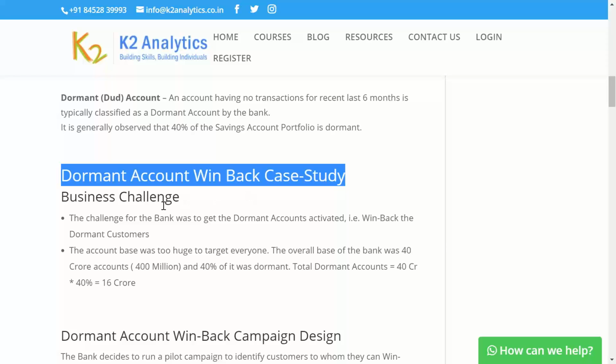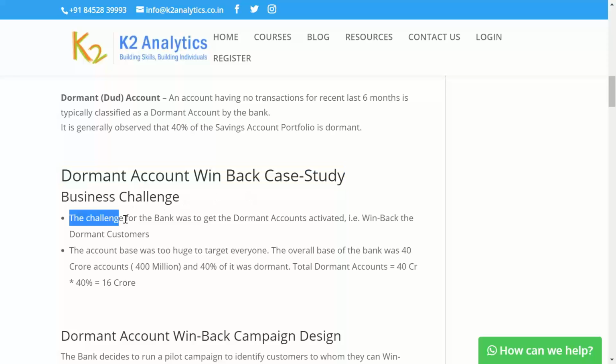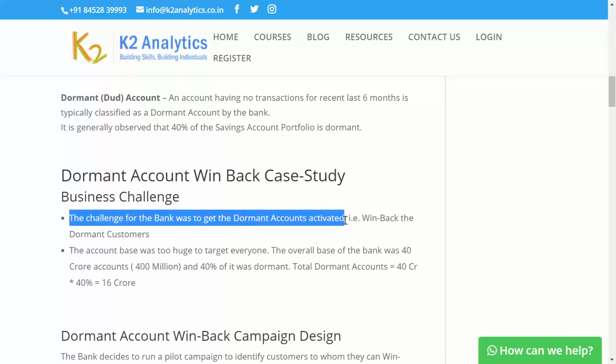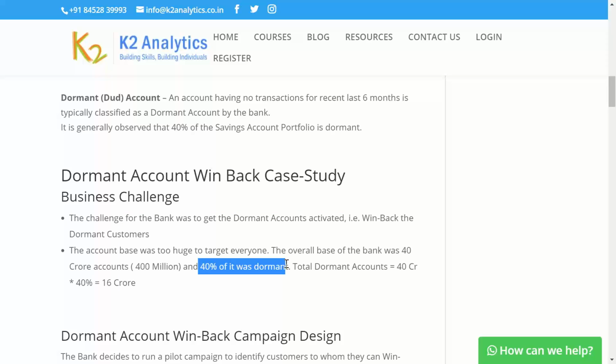So the business challenge is, the challenge for bank is to activate their dormant accounts, that is win them back. However, a huge base is inactive. Almost 40% of accounts any bank has is inactive. Now I am discussing a case study where a bank has an overall customer base of 40 crore accounts.